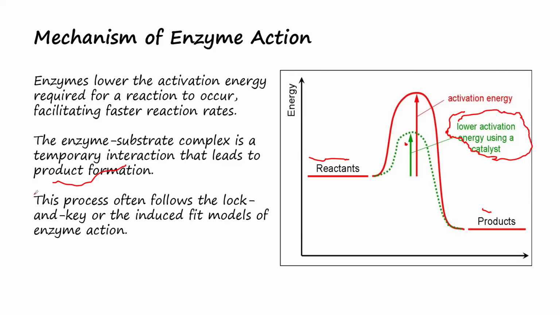And in the case of the induced fit model, it's a model that tells us that when a substrate approaches an enzyme, the enzyme will change its shape so that the active site of the enzyme will be perfectly aligned with the structure of the substrate. That is the induced fit model.